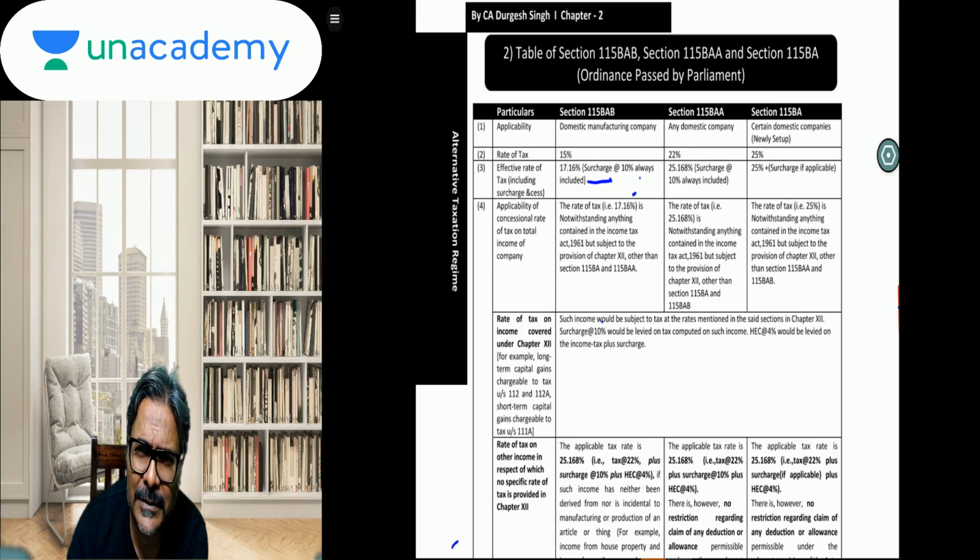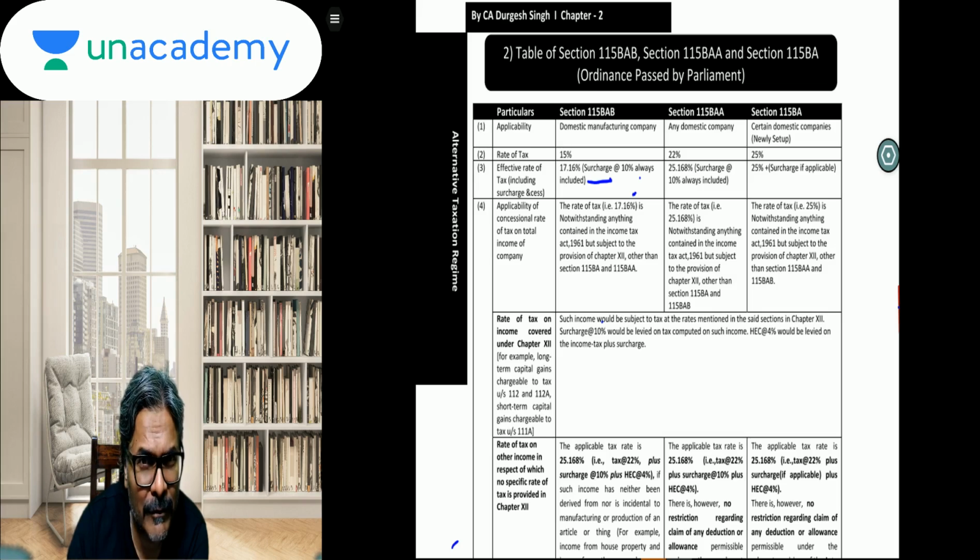So students, the answer is, be careful, the alternate tax regime is applicable in the case of a resident person, except in the case of individual and HUF, where they do have the option to opt for the alternate tax regime even if they are a non-resident.